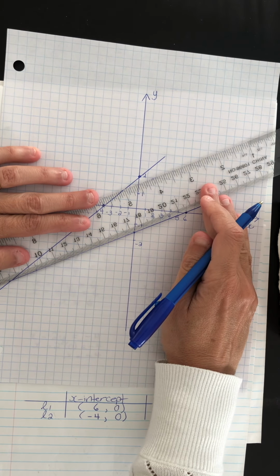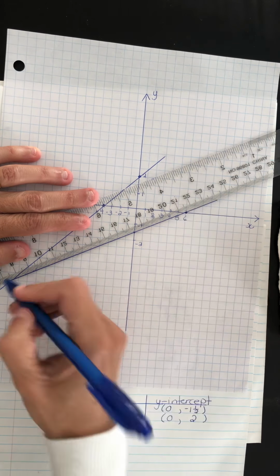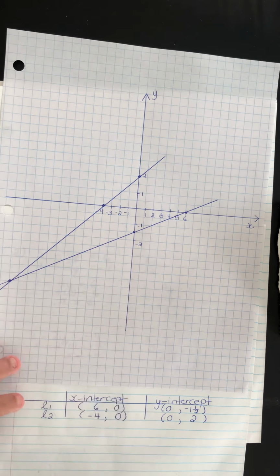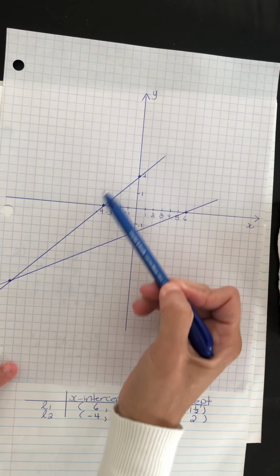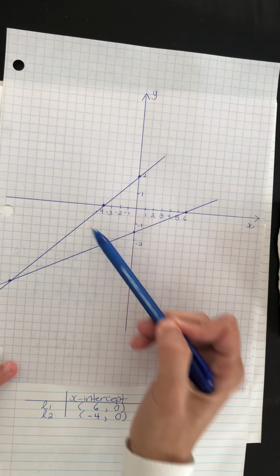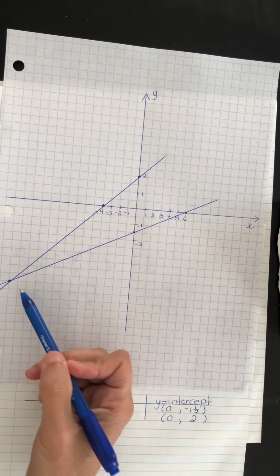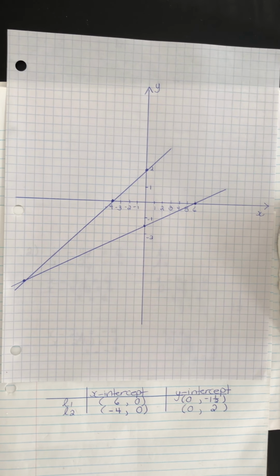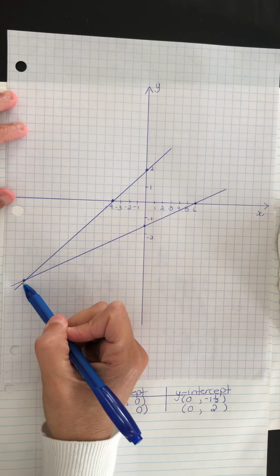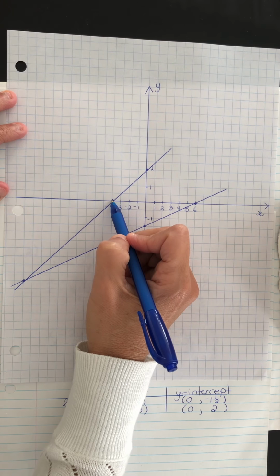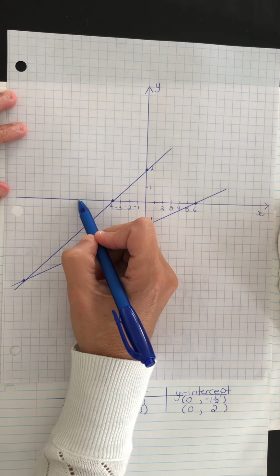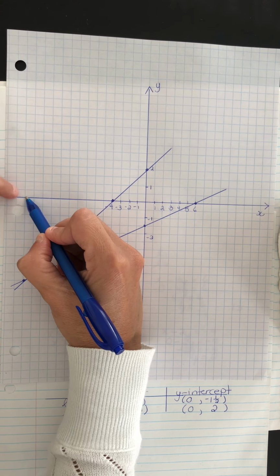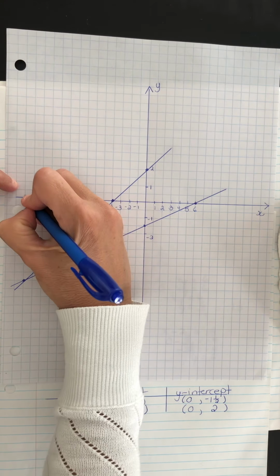So this question is really difficult to do with a graph, because you see the point of intersection is way over here, well outside the domain and range of the x and y intercepts. But they do indeed cross way over here at the very edge of your screen. So let's write down the points here. Negative 4, negative 5, 6, 7, 8, 9, 10, 11, 12, 13, 14. So negative 14 is right there.